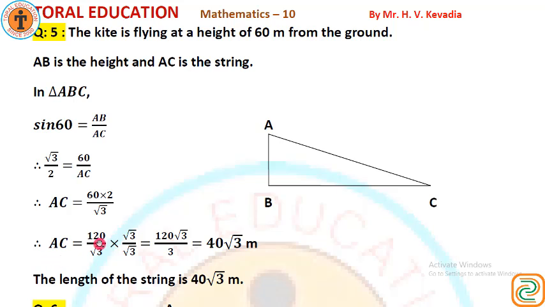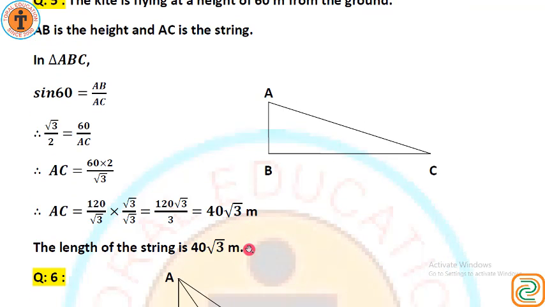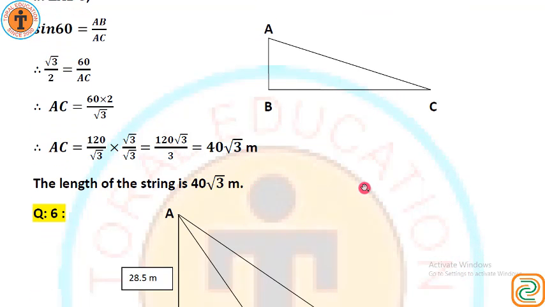So AC equals 120 upon root 3. Again I have rationalized, root 3 upon root 3. 120 into root 3 upon 3. So we can cut, 40 root 3 meter. The length of the string is 40 root 3.